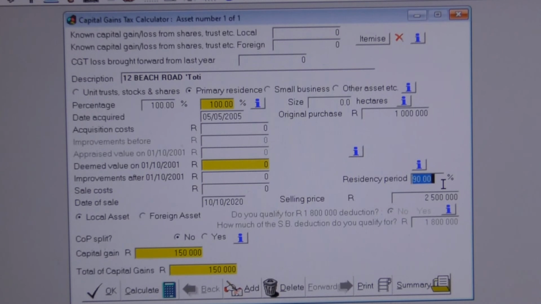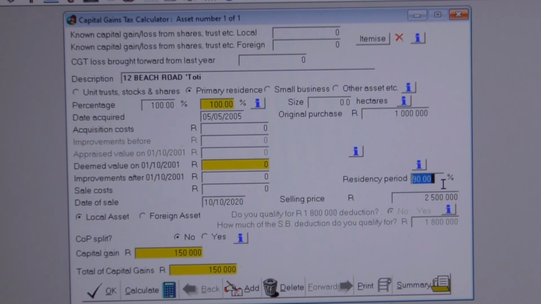In this case, 90% of the 1.5 million profit is 1.35 million, which is less than the 2 million primary residence exclusion. This means that we ignore the primary residence exclusion, and the amount for capital gain is the non-residency period of 10% of our profit of 1.5 million.